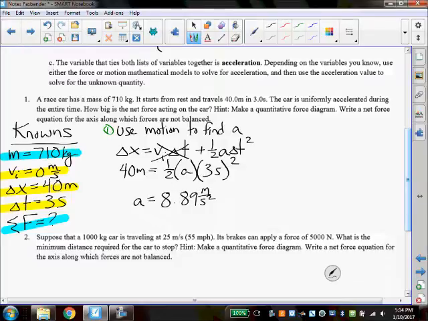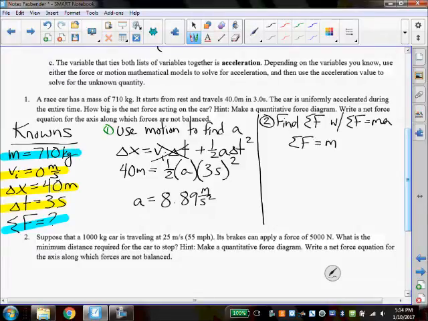Now that we know the acceleration, we can find our net force. So we are going to find the net force with F net equals ma. We can substitute in what we know. We know the mass is 710 kilograms, and we know that that acceleration is 8.89 meters per second squared.